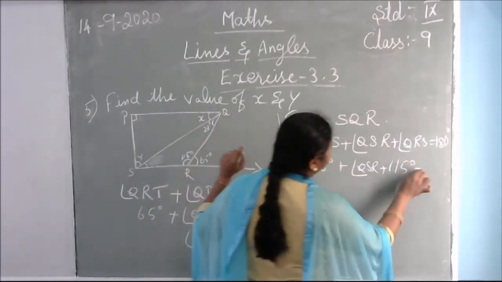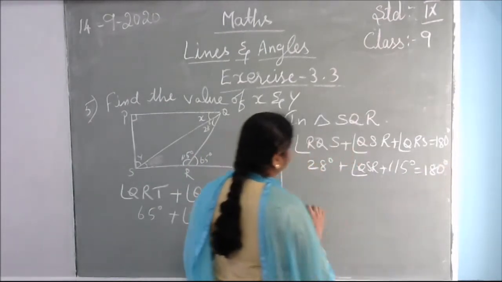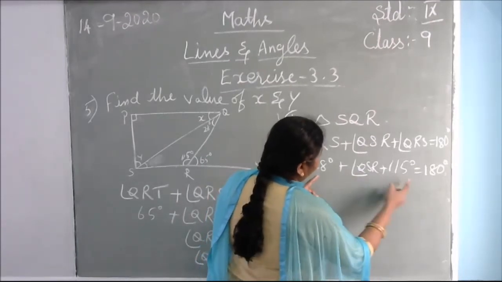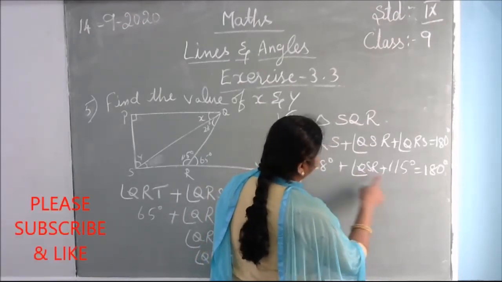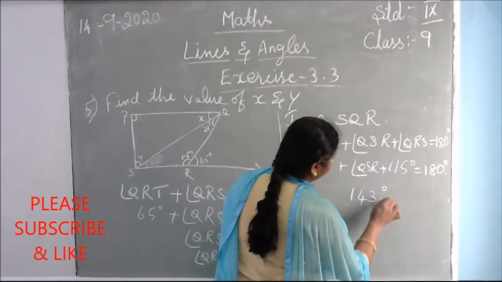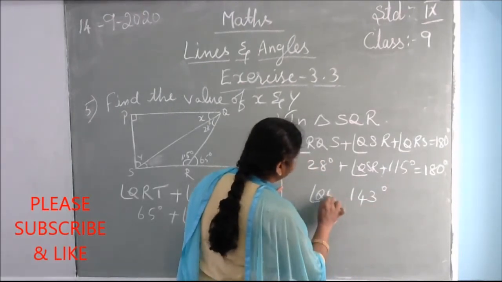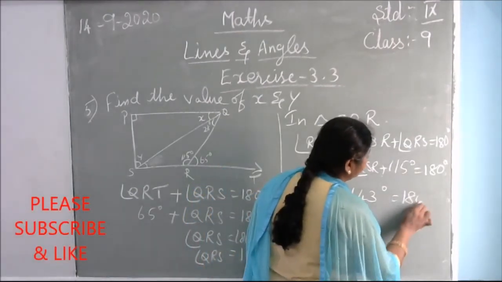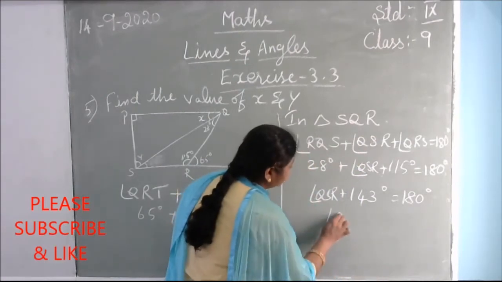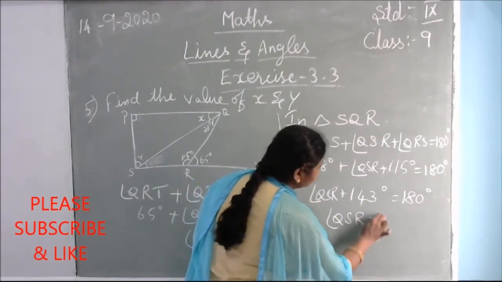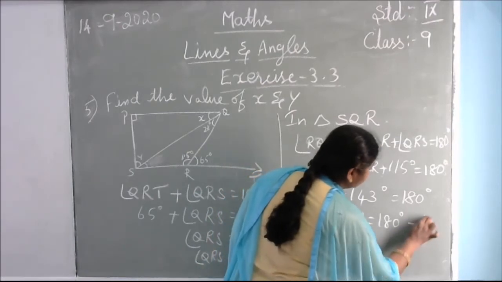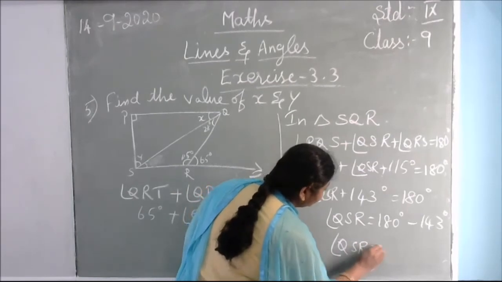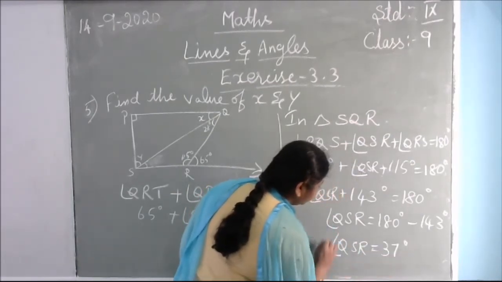So now add this 28 degrees plus 115 degrees. It will add to 143. Angle QSR plus 143 degrees equal to 180. So now angle QSR is equal to 180 degrees minus 143 degrees. Then angle QSR you will get 37 degrees.